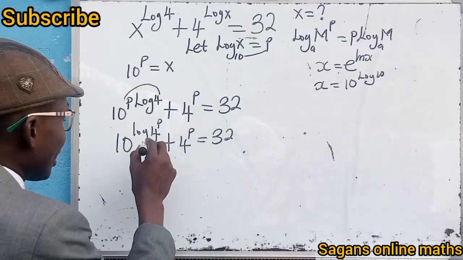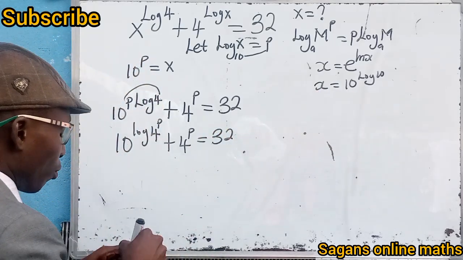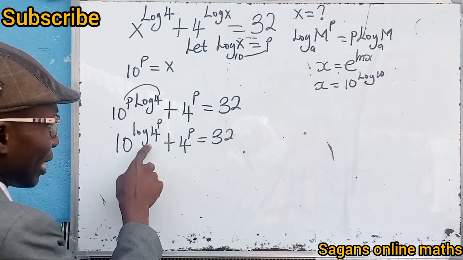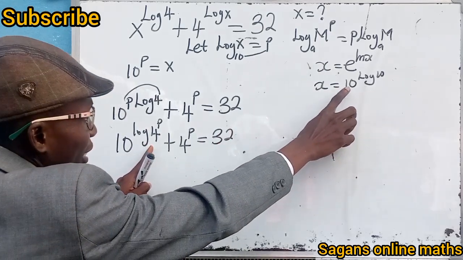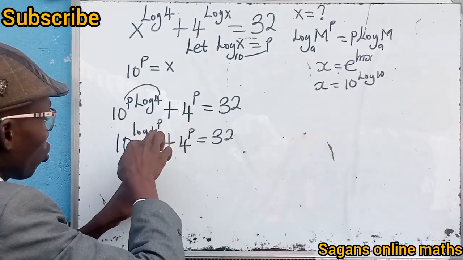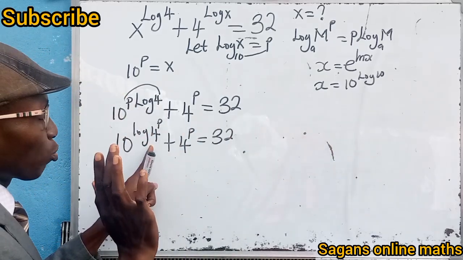Remember that this is in base 10. If this is equal to this, what we will be left with here is just 4 raised to the power of p.